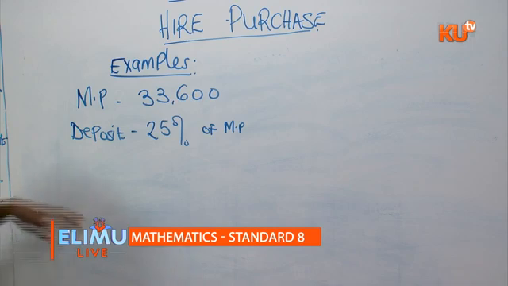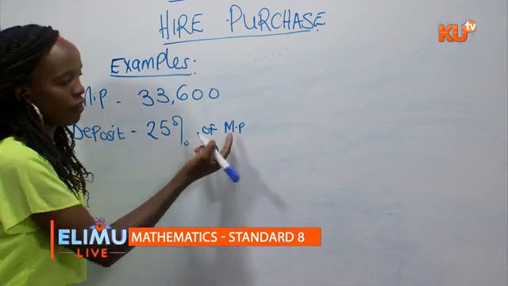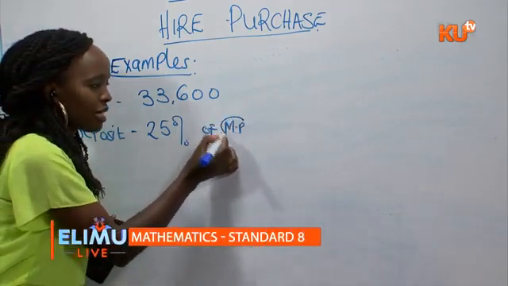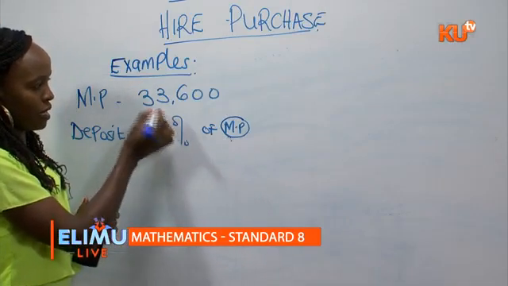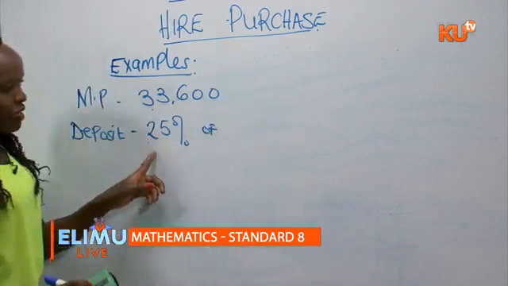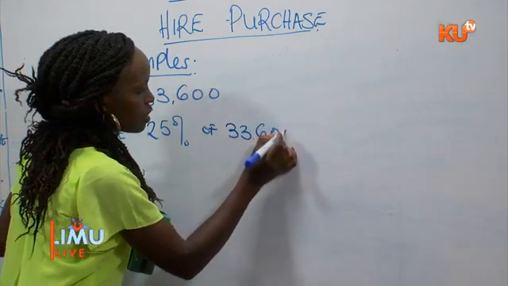So when they say that it is 25% of the marked price, your work is just to write 25% of the marked price. Here you write the amount that represents the marked price, which is 33,600. So it is 25% of 33,600.